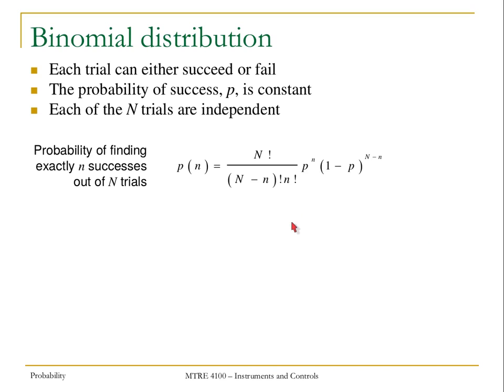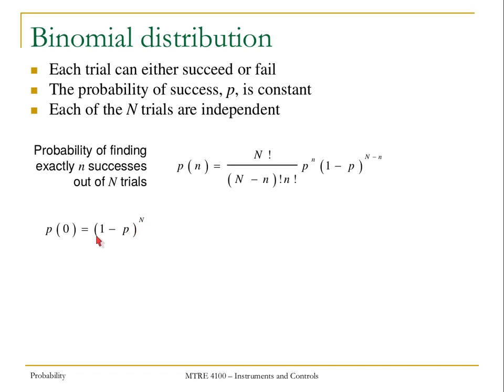The probability of a given number of successes, n, little n here, is given by this equation, where big N is the number of trials and p is the probability of a success. So we could also look at the probability of no successes, which, if they're all independent, is 1 minus p, the probability of a failure, raised to the power equal to the number of trials.